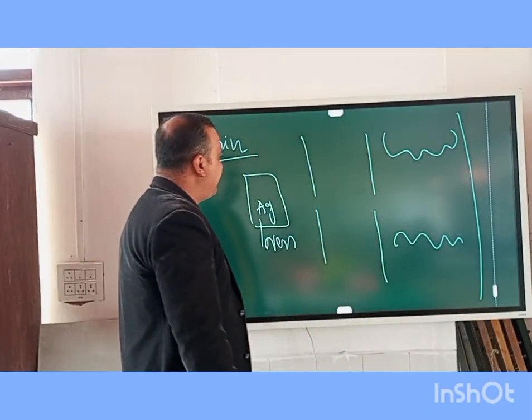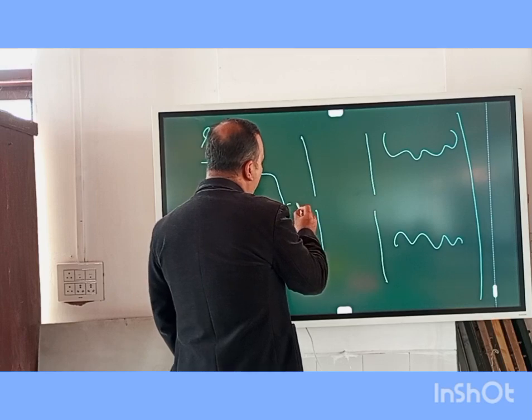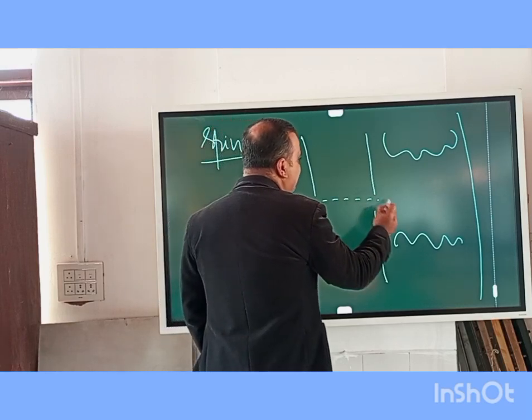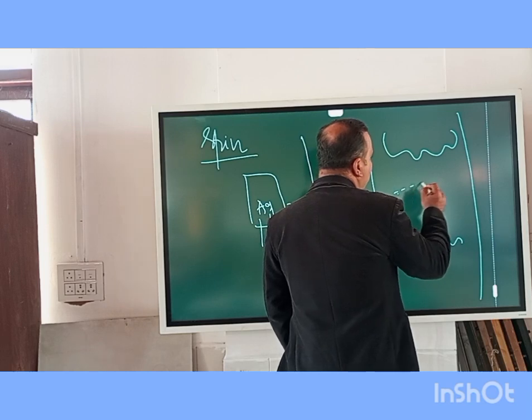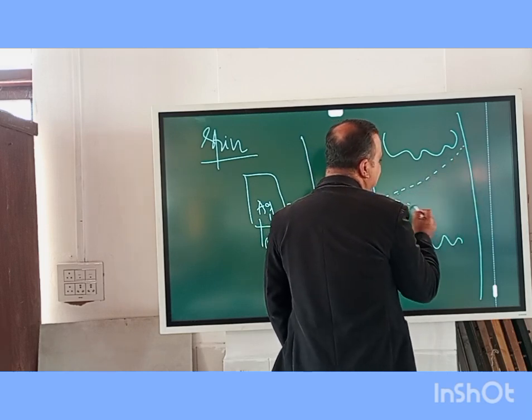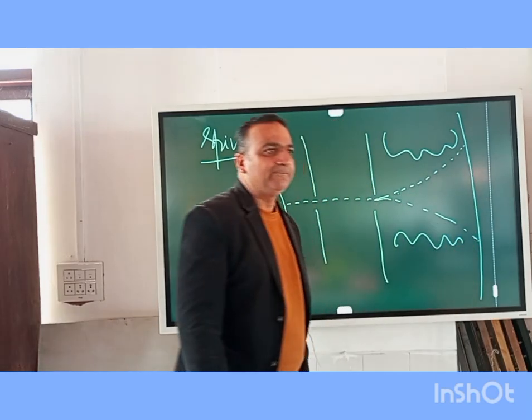And what we observe is that we find only two groupings. The screen is hit at 2 points, right?